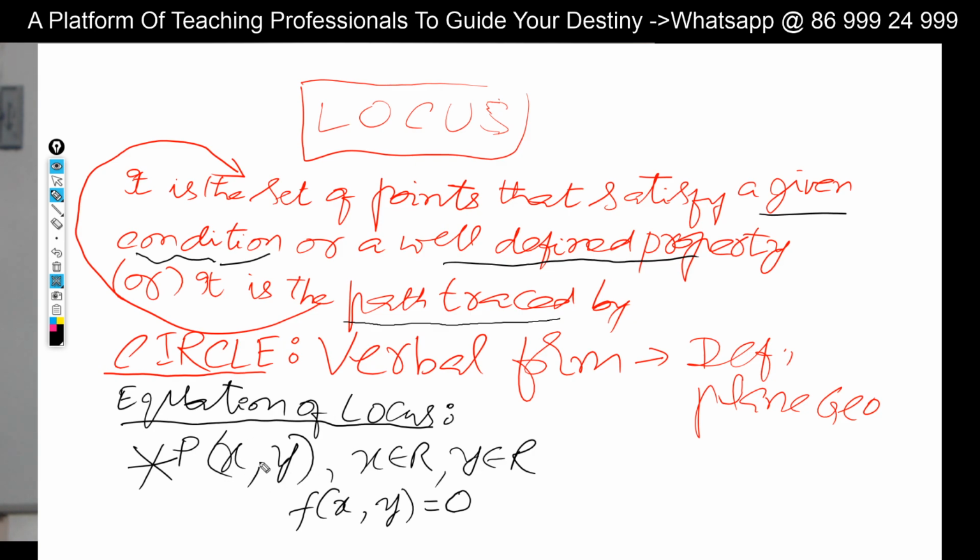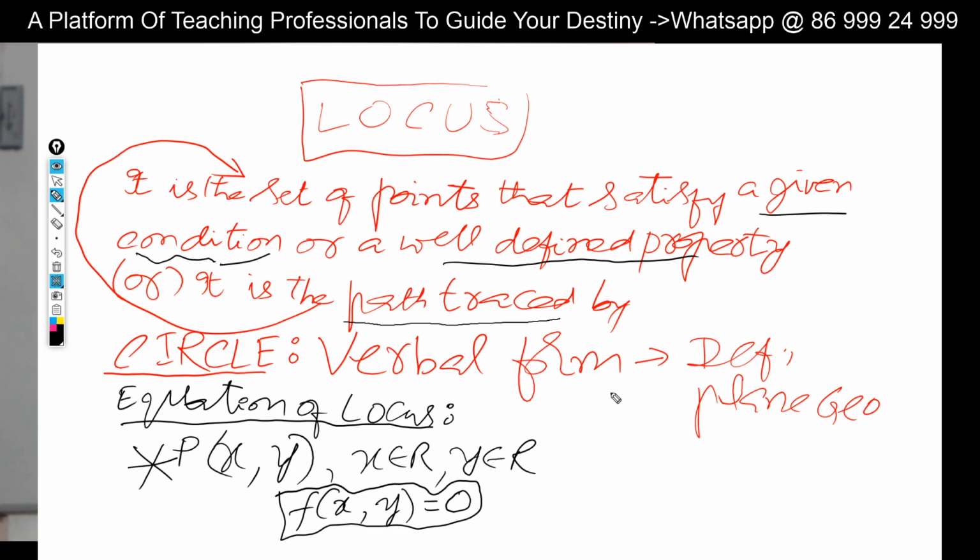This definition or well-defined property is applied, and thereby you will get a final equation which is a function of x comma y, which is known to be the equation to the locus.